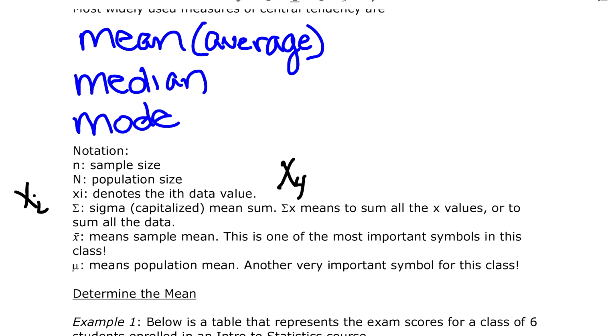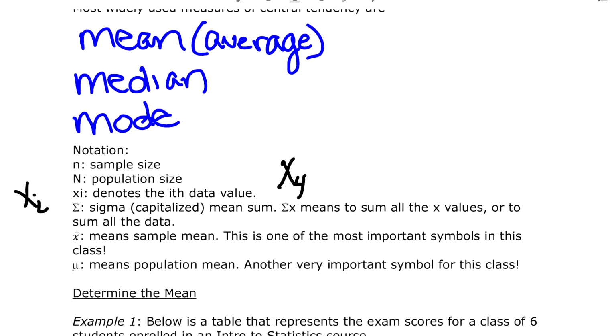This next one is a funky looking E, that is sigma. That means you're going to take the sum. The sigma next to an X means you're going to sum all the X values, or add up all of the X values. Those X values are your data values, like X1, X2, the number in that position. So you're going to sum up all your data.